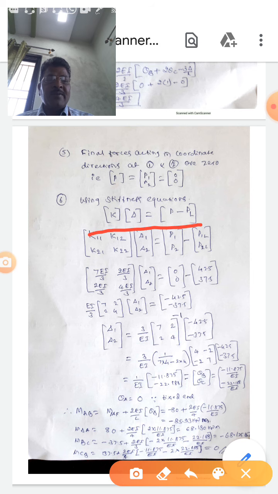MAB is equal to MFAB plus 2EI upon L into theta B. Substituting, you will get minus 85.93 kilonewton metre. Similarly, MBA is 68.13, and similarly MBC is equal to minus 68.125, and MCB is equal to 0 because the C support is a roller, therefore its value is 0. So these are the final bending moments at the supports.